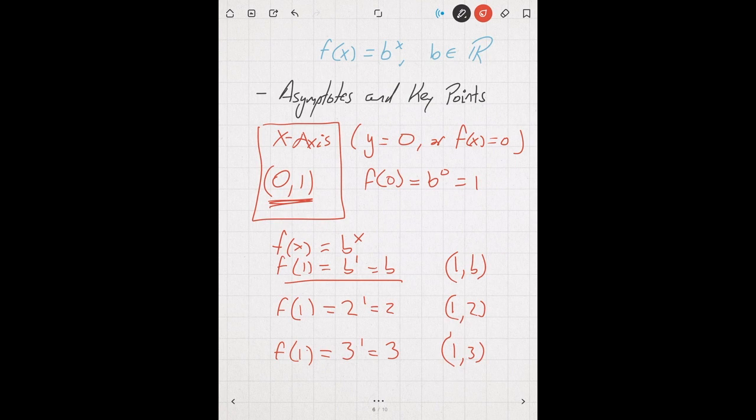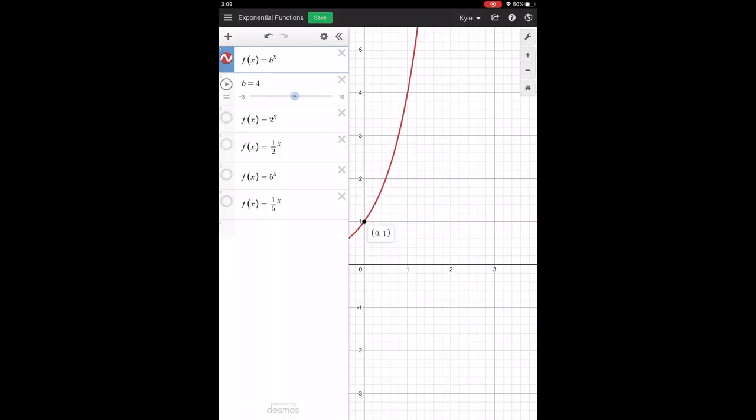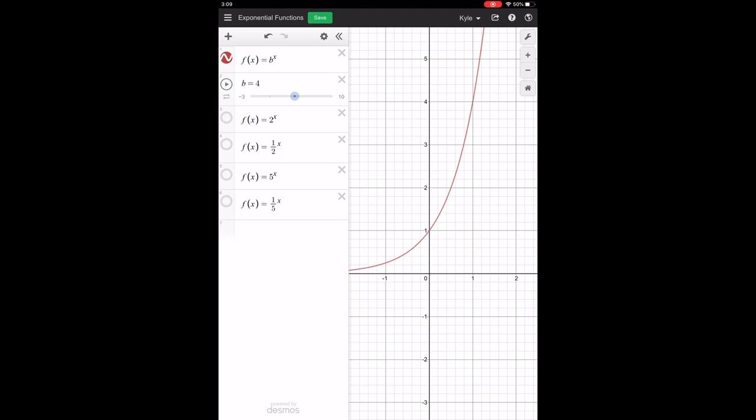Let's see if that works for decay as well. Let me get into a decay situation here and set b to be something like 0.5. So b here is a half. Let me go to 1. Very carefully, when x is 1, our output is 0.5.